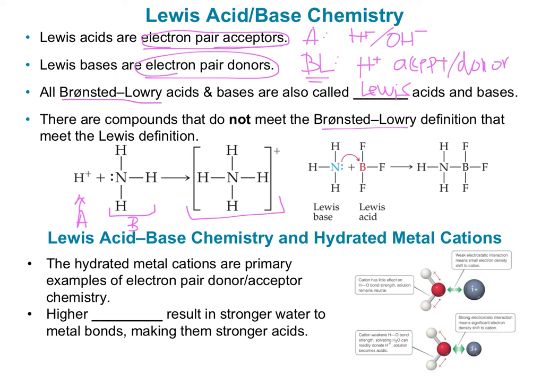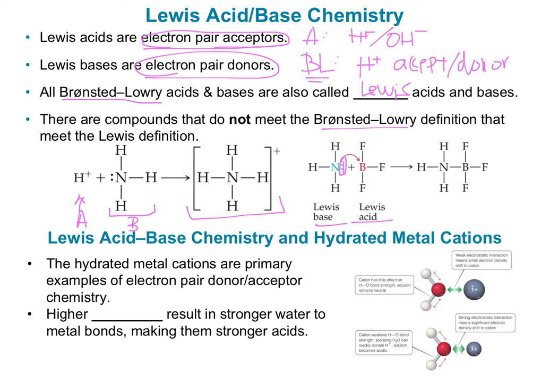But in here we have this Lewis base, and the nitrogen has a lone pair, so it's going to be able to donate it. And now we have this boron trifluoride. We wouldn't normally think of boron trifluoride as being an acid, but because it's going to have room to take on that lone pair from the nitrogen, it is considered an acid.